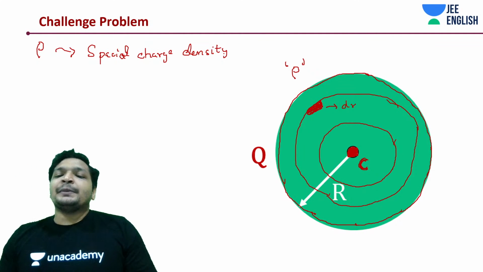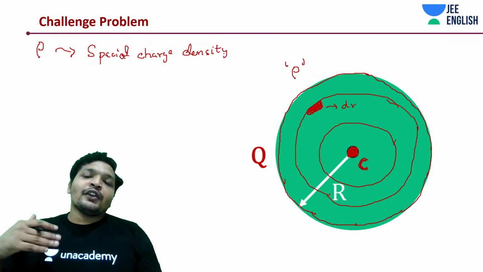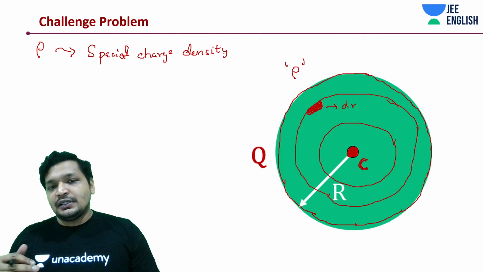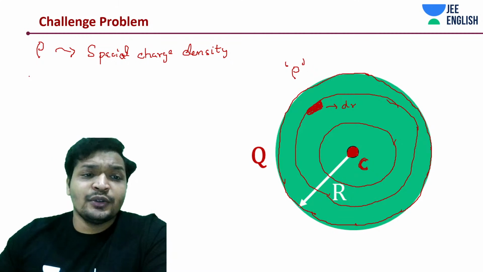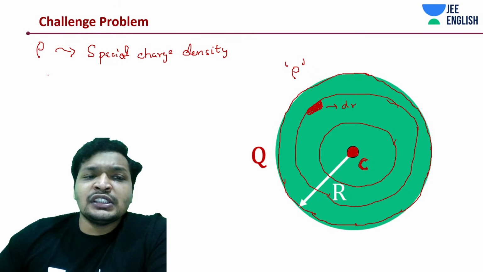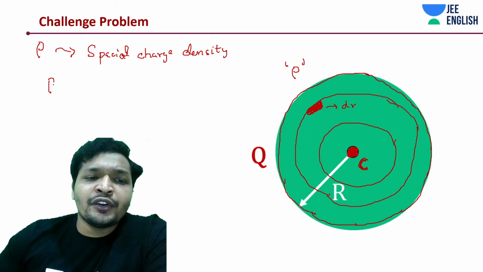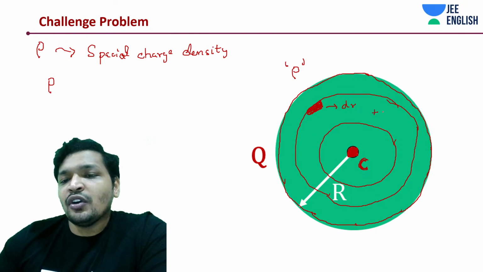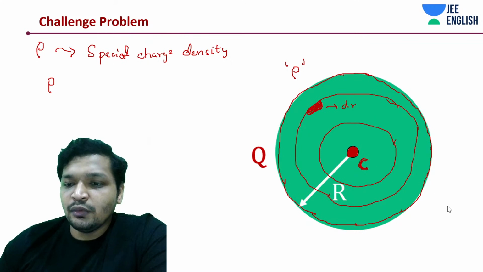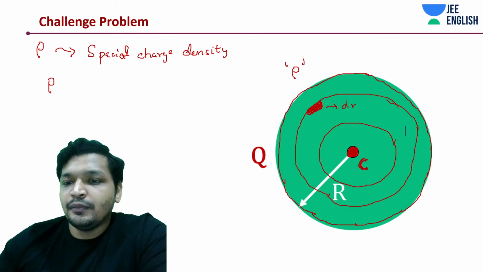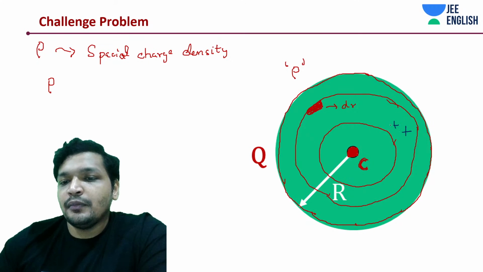You understood there are multiple shells, I believe. It's the same kind of thing, but each shell has some thickness. And of course you are going to integrate it. Rho is the spatial charge density, but how do you define rho? There would be charge all throughout the volume, not just around the shell.